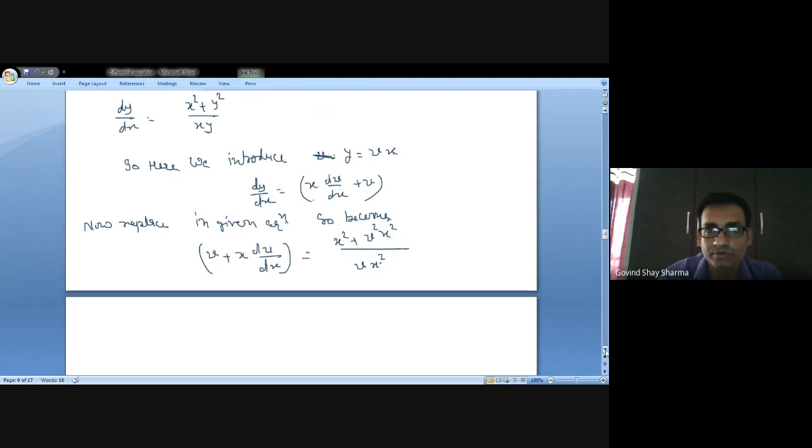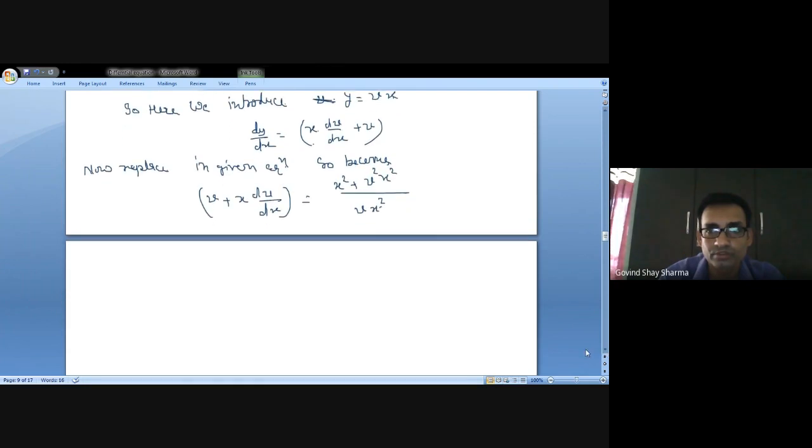All the terms of x square cancel, so it becomes v plus x dv upon dx is equal to 1 plus v square.